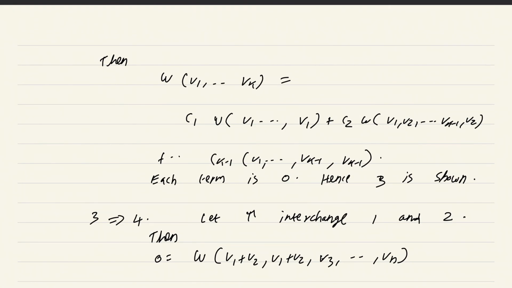But by multilinearity again, this is just omega of v1 v2 dot dot dot vk plus omega of v2 v1 dot dot dot vk. The other terms will have repetitions and therefore will vanish again by the hypothesis. So this is 0.